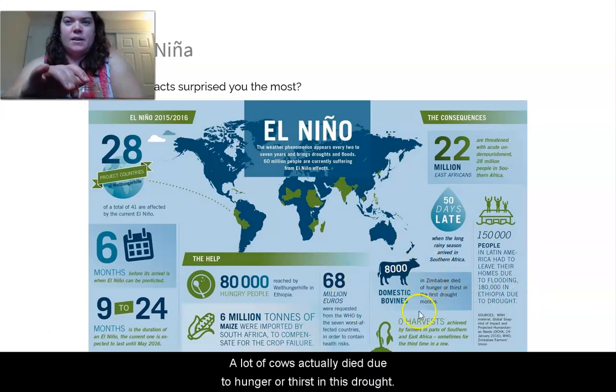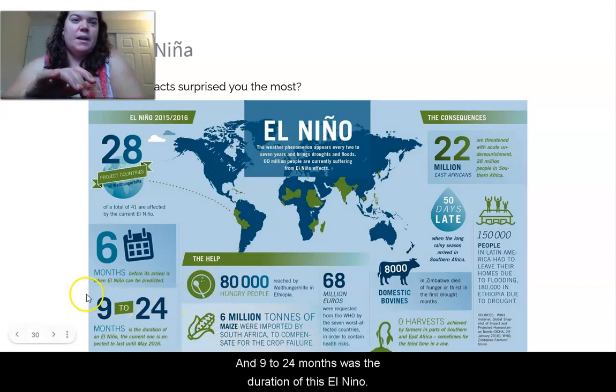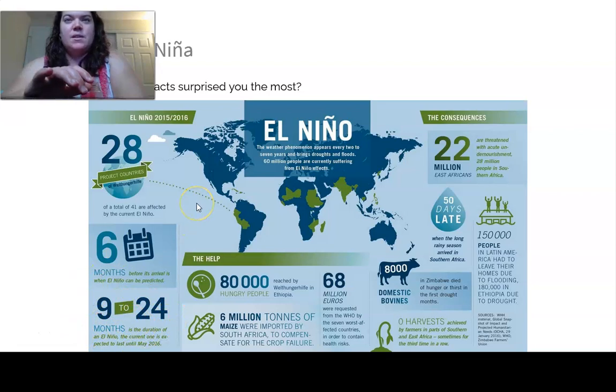A lot of cows actually died due to hunger or thirst in this drought. There were 6 million tons of maize imported into South Africa because they had no crops, 80,000 hungry people, and 9 to 24 months was the duration of this El Nino. So just a lot of different things. Even though this water is over here, it affects the entire world.